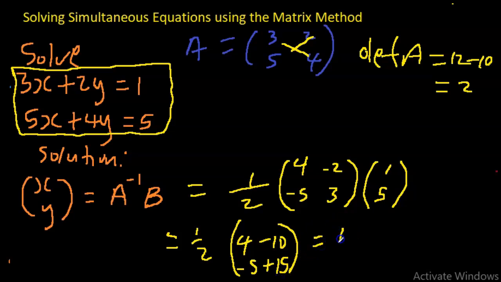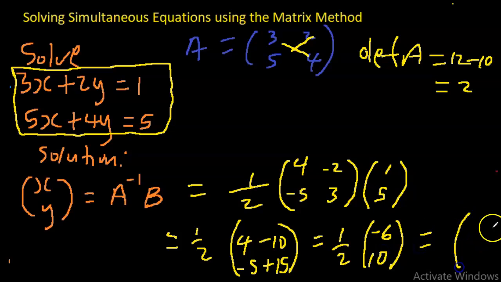So you end up with a half, and then 4 minus 10 is minus 6, negative 5 plus 15 is positive 10. Half of minus 6 is minus 3, and half of 10 is 5. So that's our solution. x equal to negative 3, x is the top value, and y equal to positive 5.